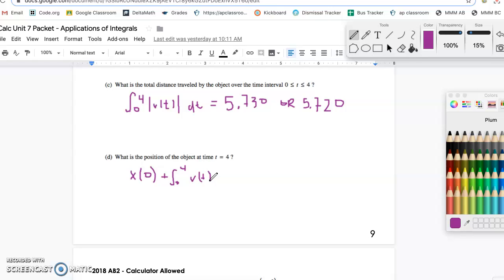Math 9, 0 to 4, sine of pi divided by 3 times x dx, and make sure you have the plus in between your negative 2 and your integral, and you would get negative 0.568.